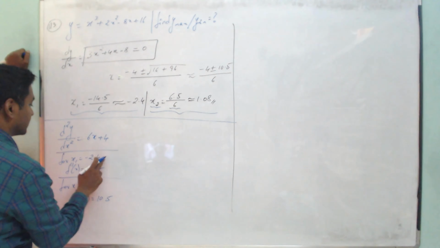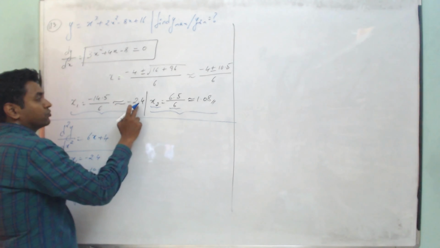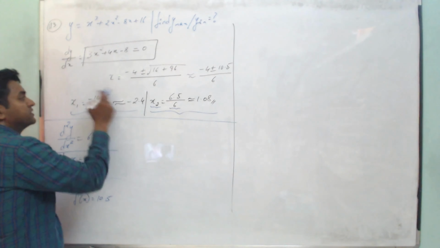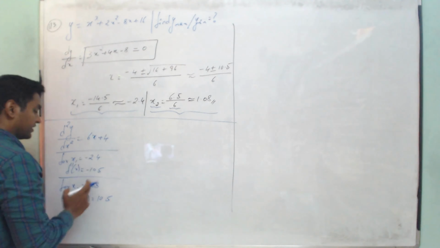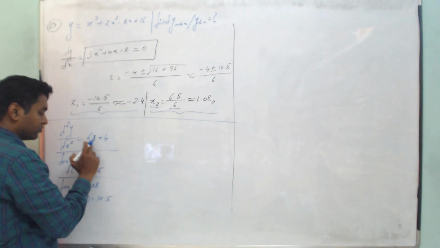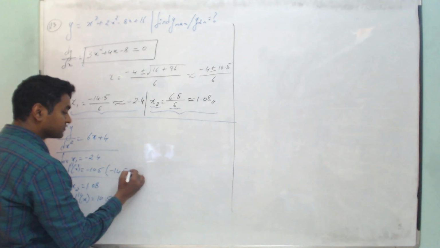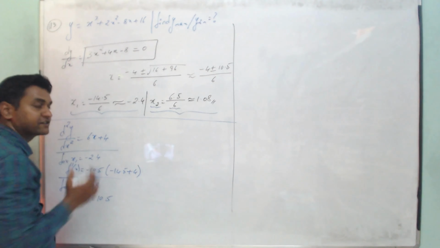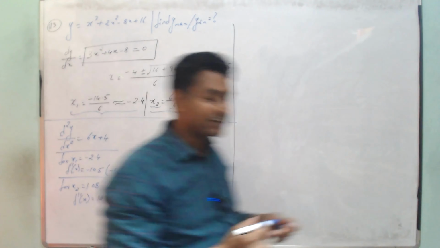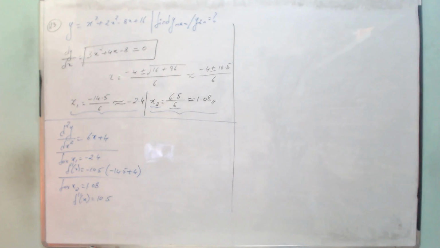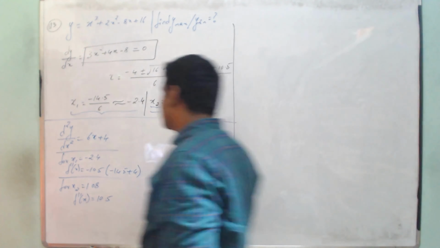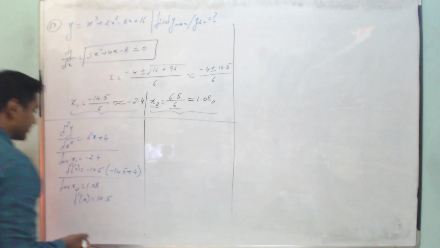I substituted minus 14.5 here, minus 14.5 plus 4, so I got minus 10.5 directly. You gave the answer so fast. Nice.